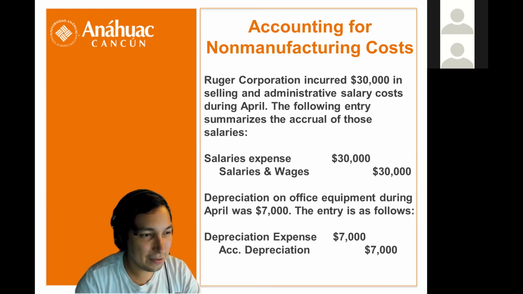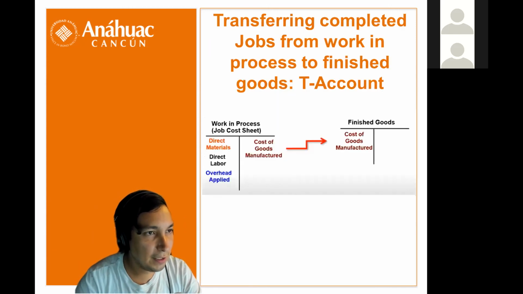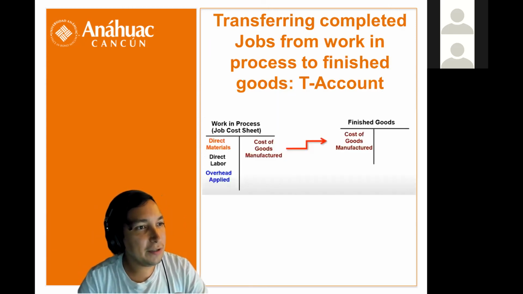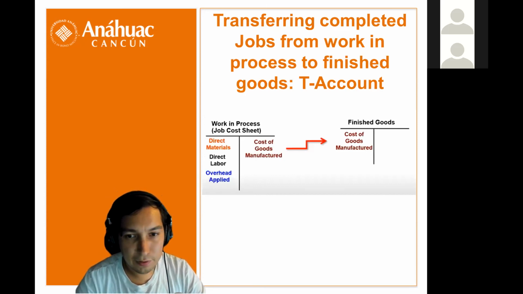It has a depreciation. So we have also advertising was 42,000 and other selling and administrative expenses in April total 8,000. So we debit advertising and we debit other selling and admin expense, and we credit accounts payable. So, transferring completed jobs from work in process to finished goods.